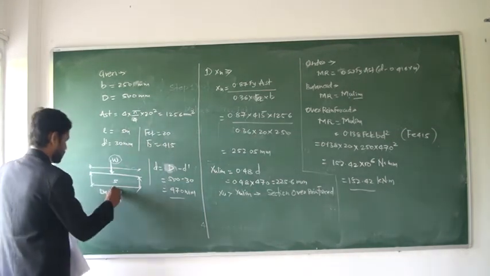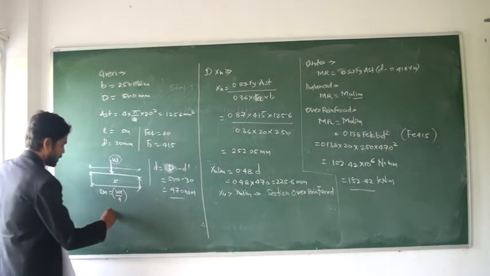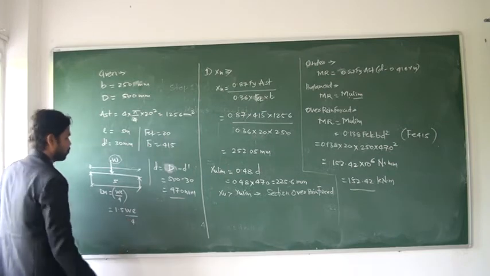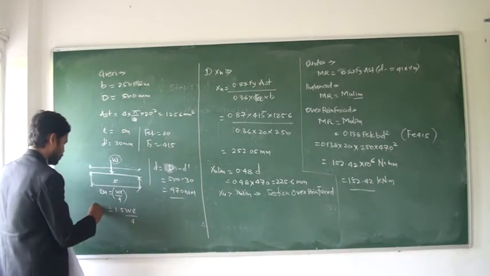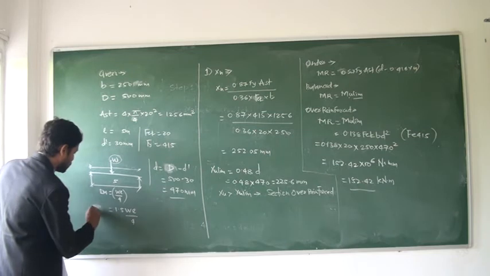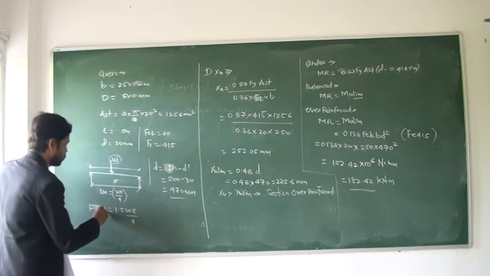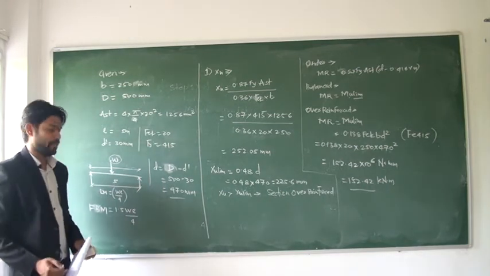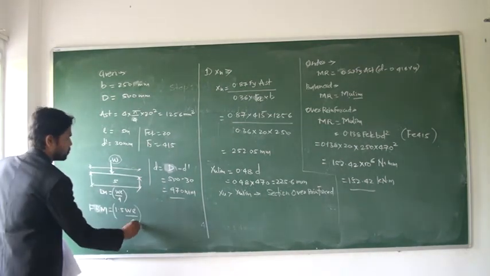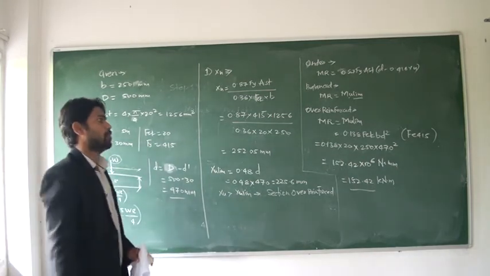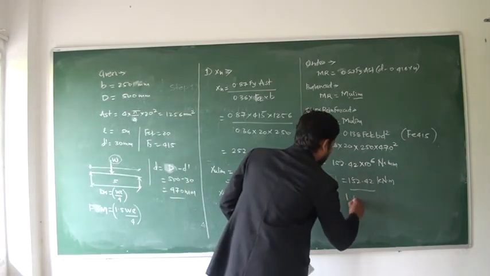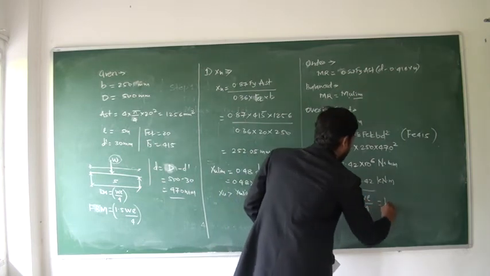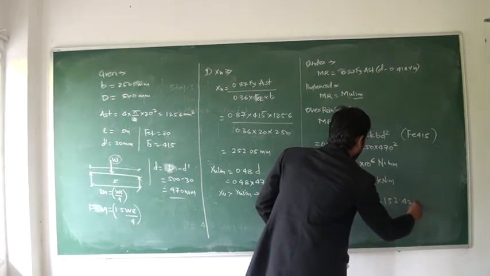Now this is a normal bending moment, and factored bending moment should be equal to 1.5 times WL divided by 4. We need the factored bending moment because we are doing design. So now equate this to your moment of resistance. So 1.5 into W into L divided by 4 is equal to 152.42.